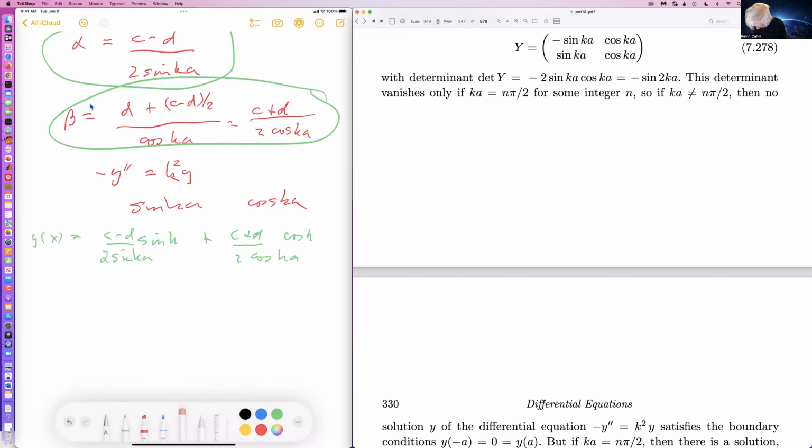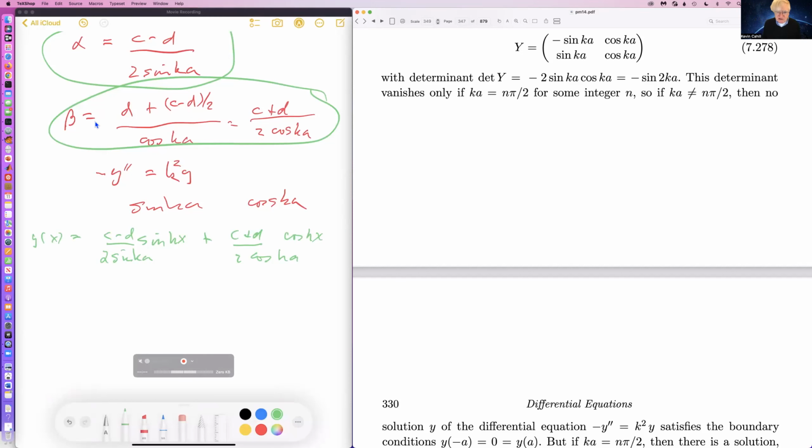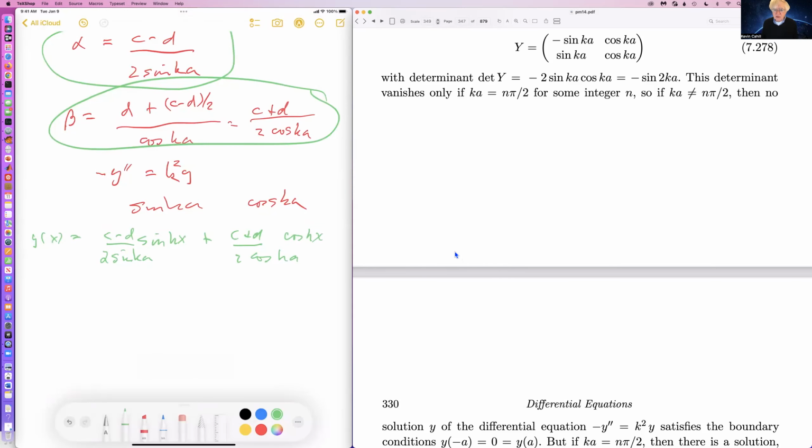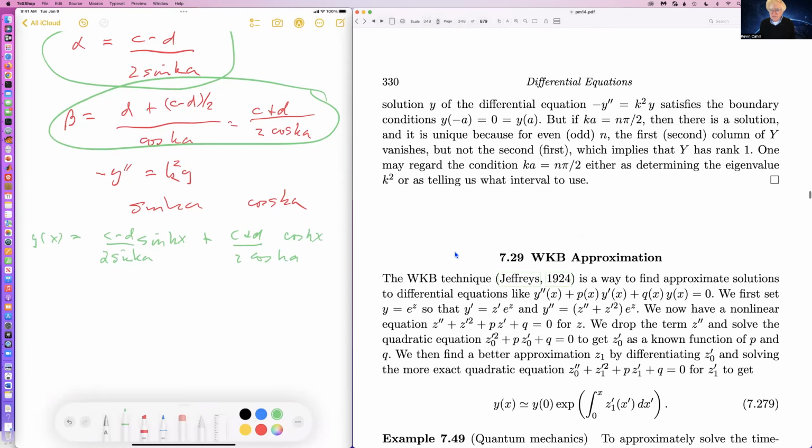If we set x equal to a, then the first term is C minus D over 2, the second term is C plus D over 2, and we get y is equal to C, and so forth. Okay, well, this is all stuff you know, but this is just an example to illustrate what it is that one is talking about here.